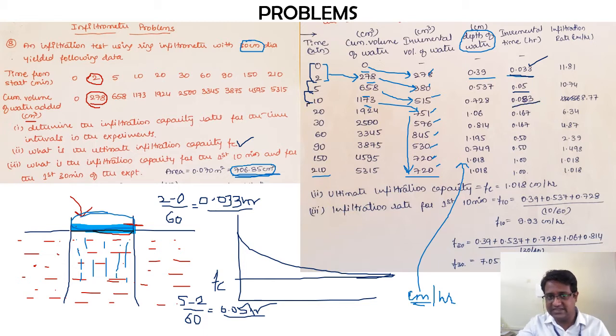Next 20 minus 10 divided by 60 is 0.167. Next 30 minus 20 divided by 60 is 0.167. Then 60 minus 30 divided by 60 is 0.5. So you can check out here, yeah, so next value, 30 to 60 is 30 minutes, 60 to 90 is again 30 minutes.